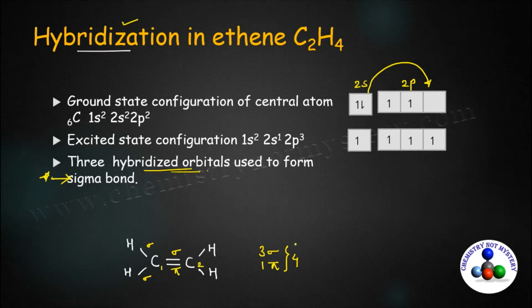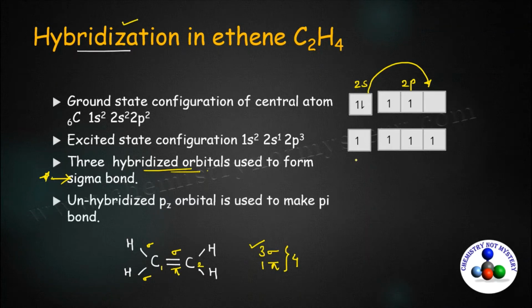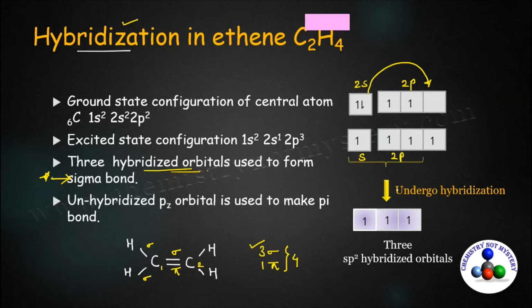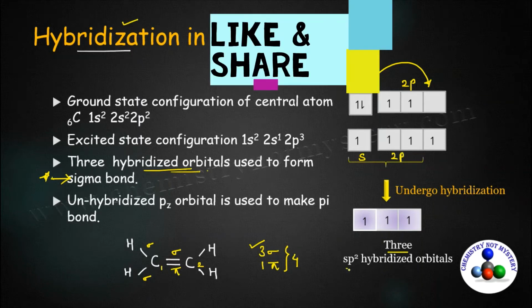So for the formation of 3 sigma bonds, we will require 3 hybridized orbitals. For that, we need to hybridize 3 of the orbitals, 1 from s and 2 from p. So you will get 3 sp2 hybridized orbitals. And this pz orbital, that is unhybridized, will be used for the formation of pi bond.